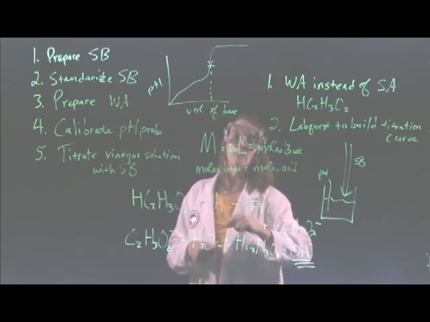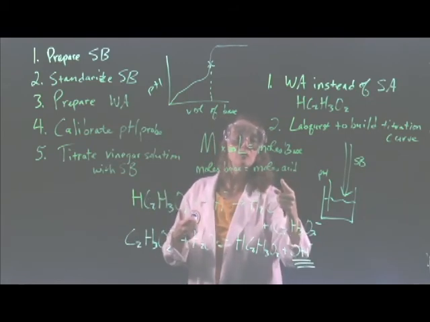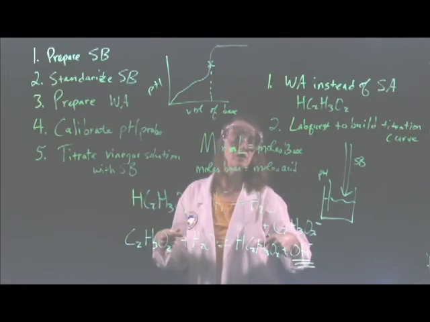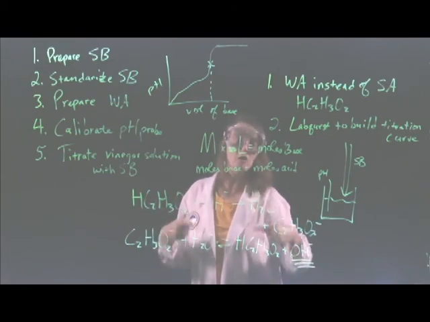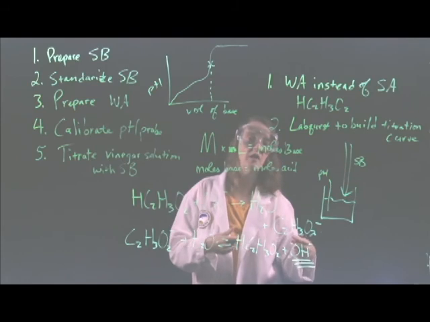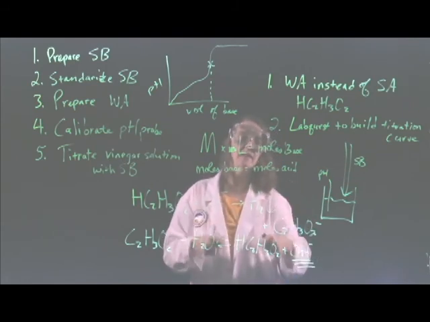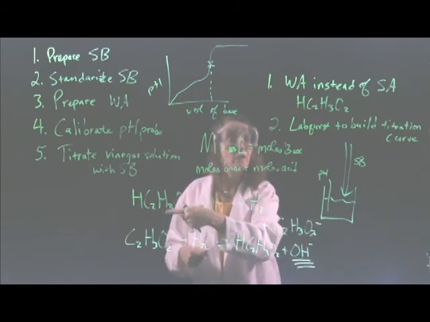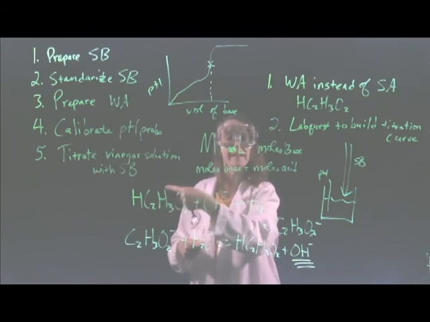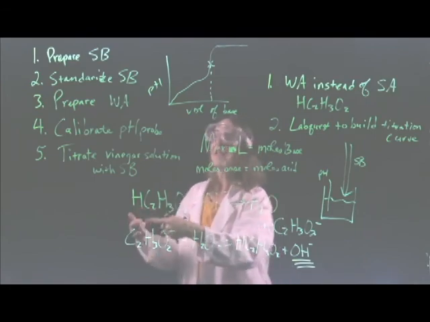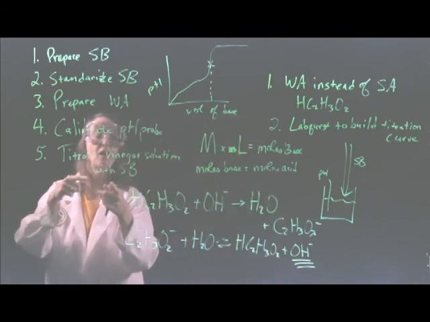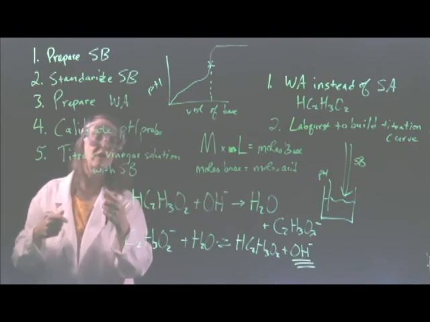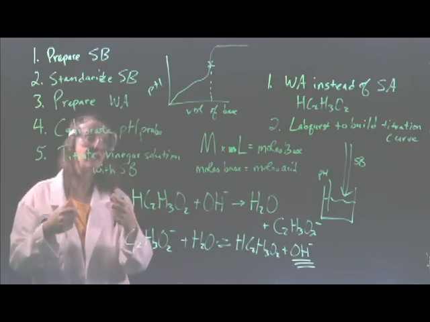Now that you know the number of moles of acid, you can divide by the liters that you used in the experiment to ultimately find the concentration of acetic acid in the solution, and then work backward to find the concentration of acetic acid in vinegar. And that's ultimately what we're after in all of this. We're looking for the concentration of acetic acid in vinegar.